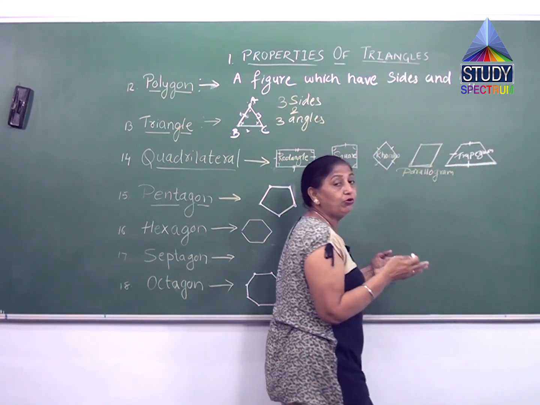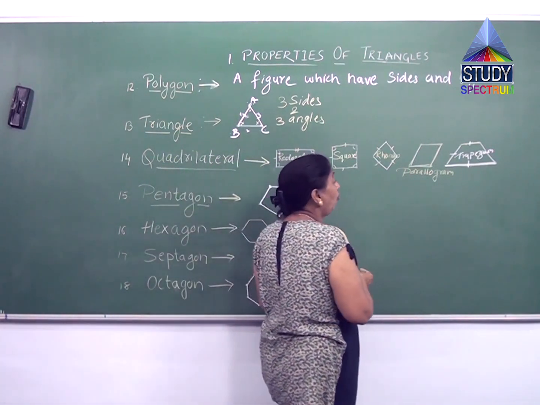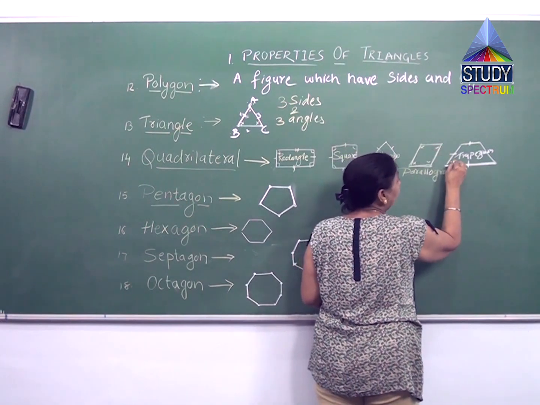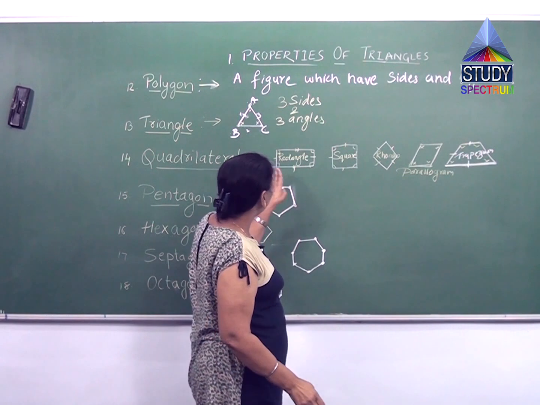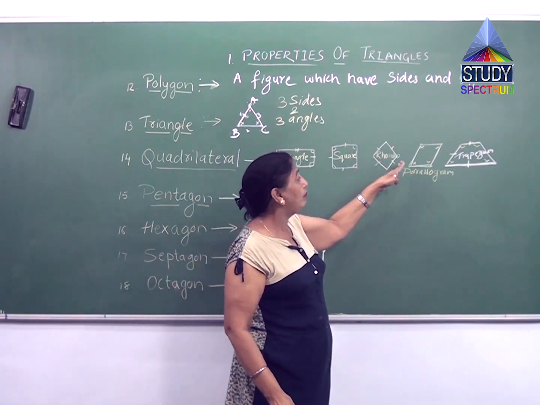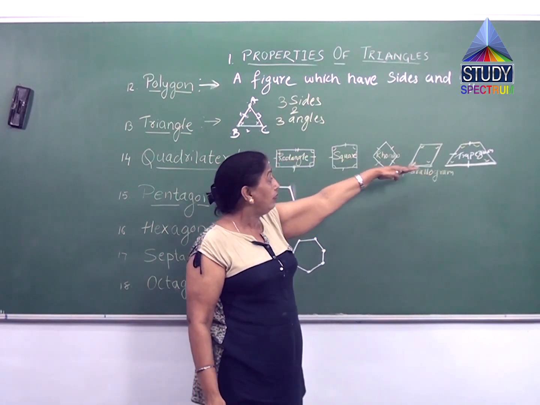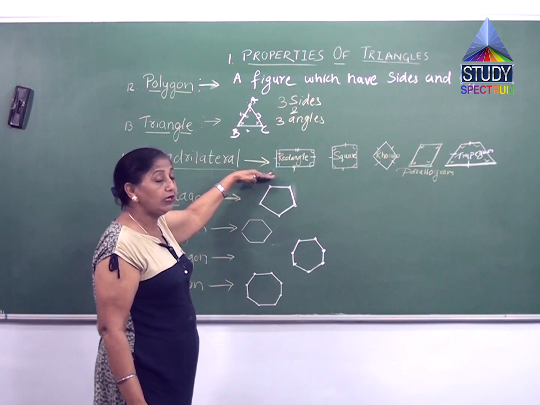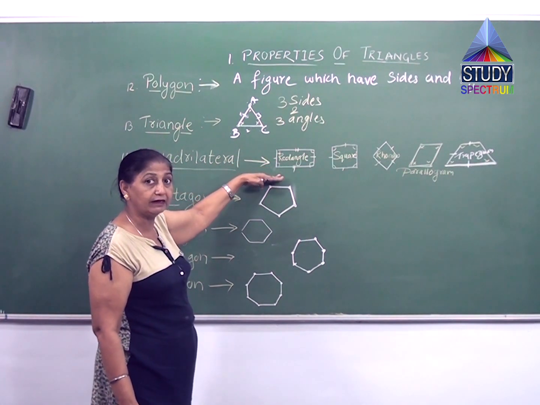So this is also a quadrilateral as it has four sides and four angles. Here also you can see there are four angles, and in this figure also there are four angles. So all these figures, rectangle, square, rhombus, parallelogram, trapezium, even kite, all these are quadrilaterals. And a quadrilateral is a polygon which has four sides and four angles.